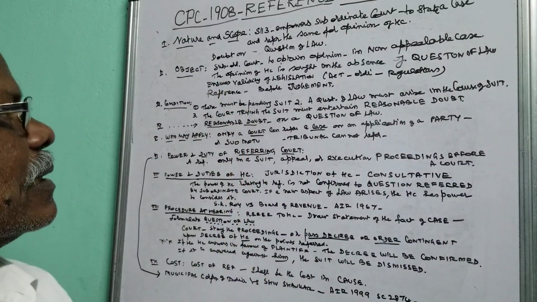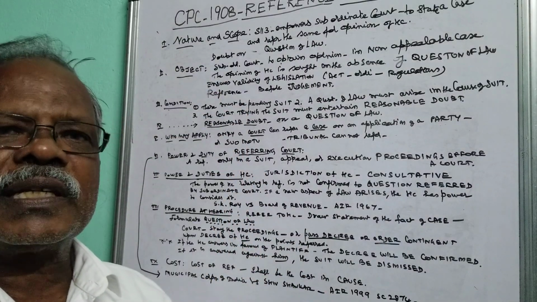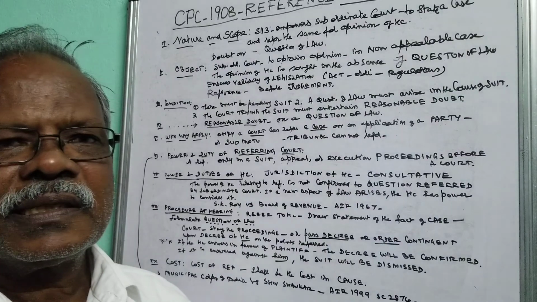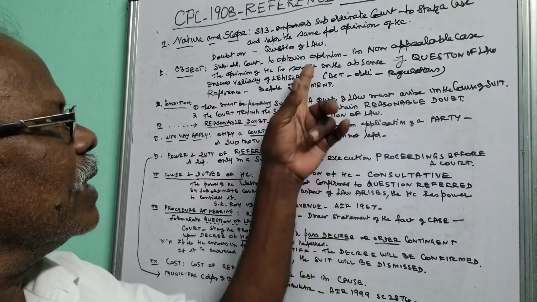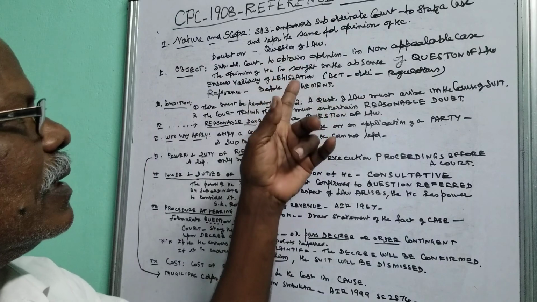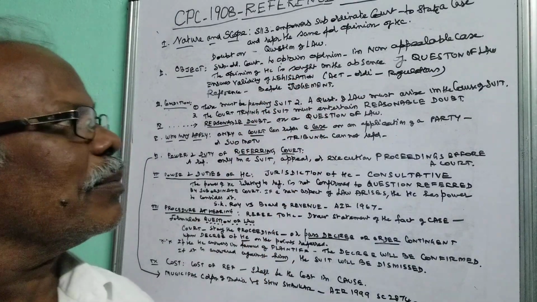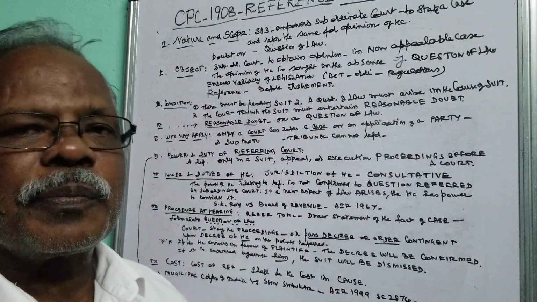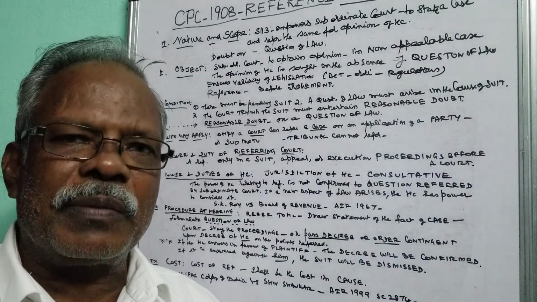Then the object. The object of the reference is to elicit, or obtain, the opinion from the higher court by the subordinate court, usually in a non-appealable case.